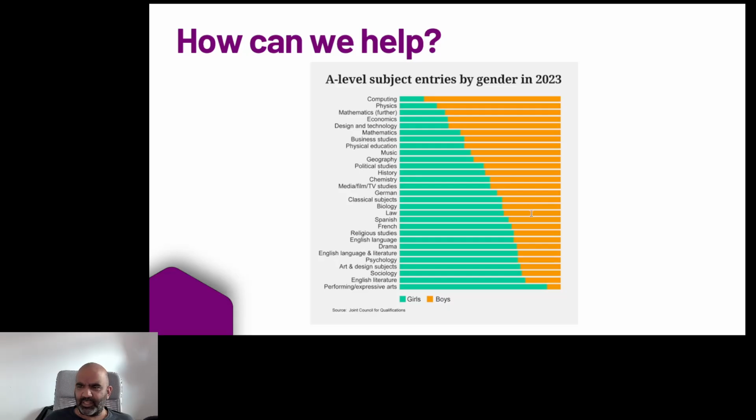And this is just an example of some of the imbalance I discussed on the previous slide. We can see here that if we look at a subject such as history or even chemistry, it's pretty even. But when we go towards the top, physics, girls compared to boys, it looks to me like a 25-75% split there.